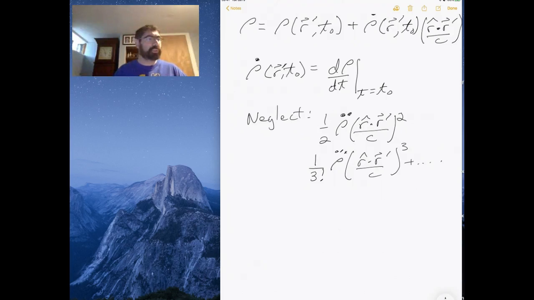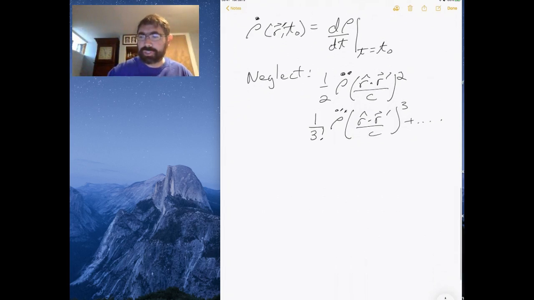So we'll drop those terms and just keep the first order derivative. Really, saying that is our second approximation.